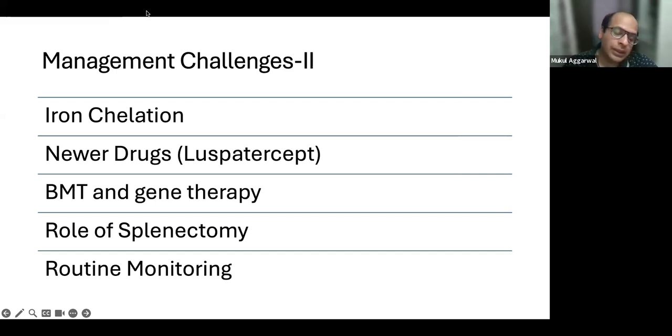The chances of complications increase if their ferritins are very high or if they have hepatomegaly and associated liver fibrosis. It is said that early transplant in less than 10 years of age in a well-chelated patient gives the best outcomes. There are some immunological and infection complications which can occur post-transplant and which can be a limiting factor.